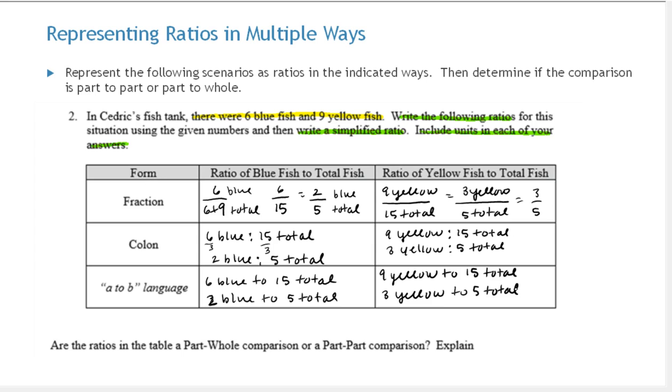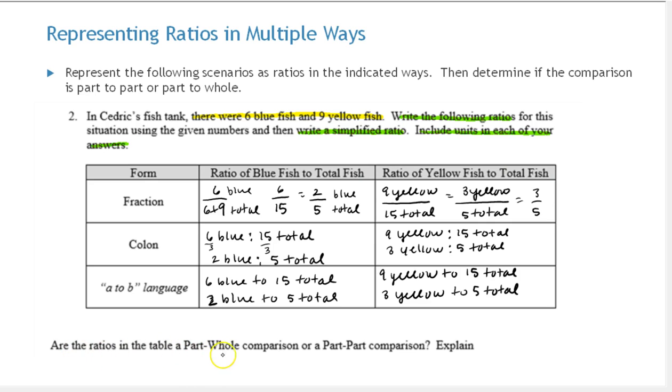Okay, so notice again, when we say total, it doesn't necessarily mean the total number of fish. We know that in Cedric's tank, we're assuming that there were only blue and yellow fish here, so the total is 15. There weren't any other colors. But when we're referring to the total within the ratio, the total is referring to the whole of the comparison. So that comes to our next question.